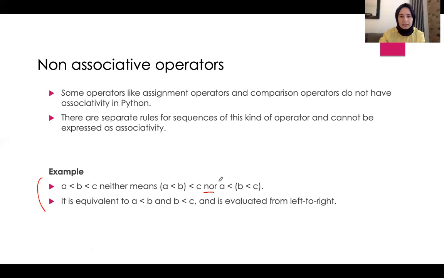They mean the same thing. It is equivalent to A less than B and B less than C, and is evaluated from left to right. So those are some non-associative operators that you need to know about.